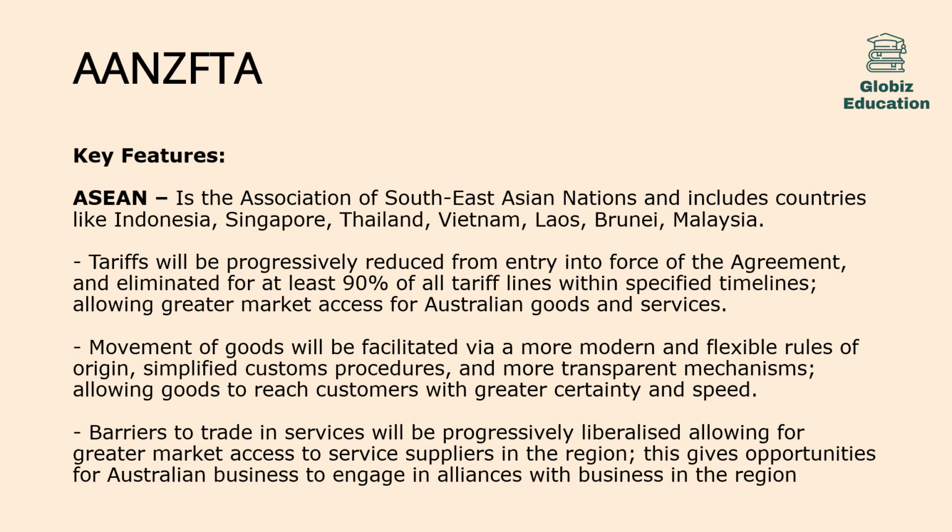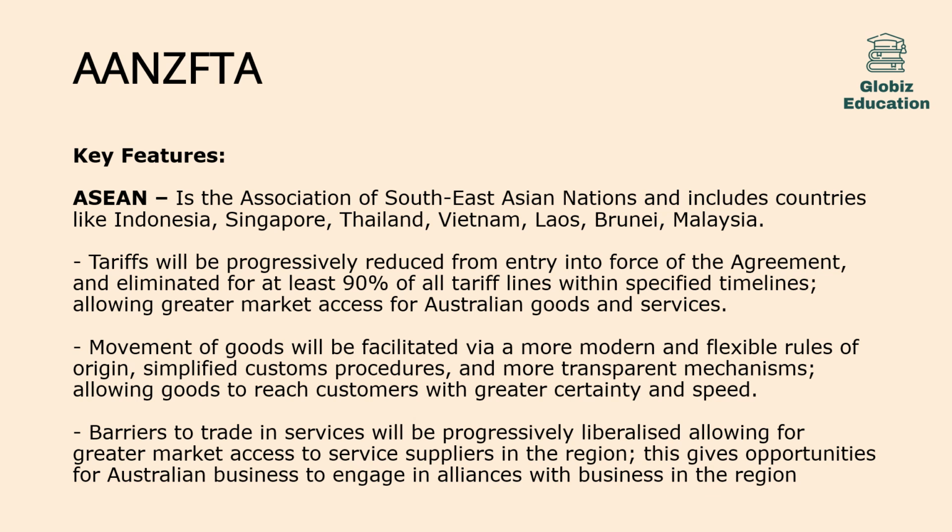The second one, which will benefit Australian business as well, is the facilitation of customs procedures, which allows our products to move through countries in ASEAN a lot quicker and potentially with less obstruction and ultimately cheaper, giving greater certainty to your overseas customers that your goods will be there on time.